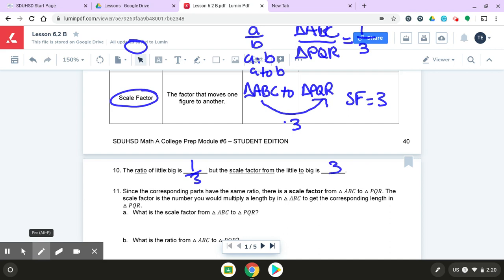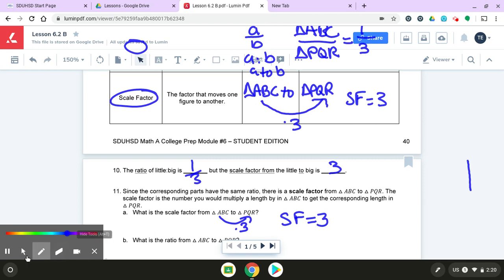Since the corresponding parts have the same ratio, their scale factor from triangle ABC to triangle PQR is the number you would multiply a length in triangle ABC by to get to the corresponding part in PQR. So if we're going from the small triangle to the big triangle, we're going to be multiplying by 3. So the scale factor is 3. The ratio is when we're making a fraction.